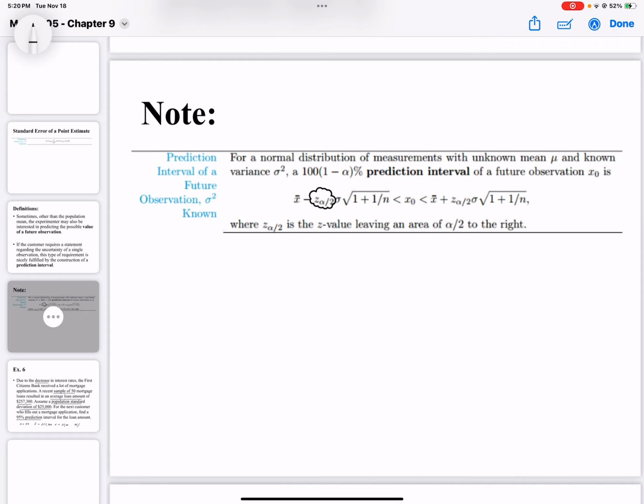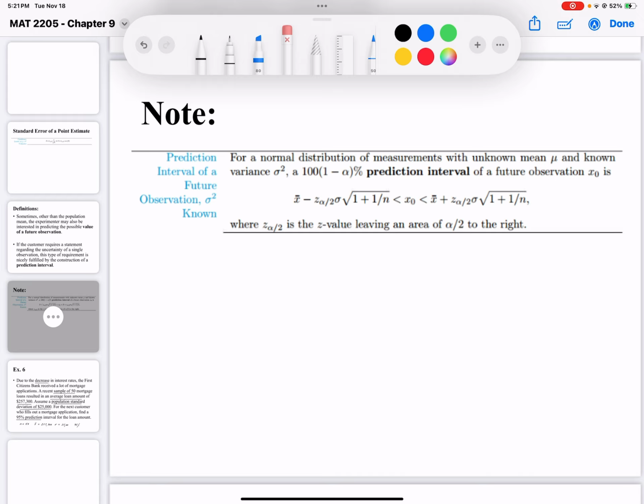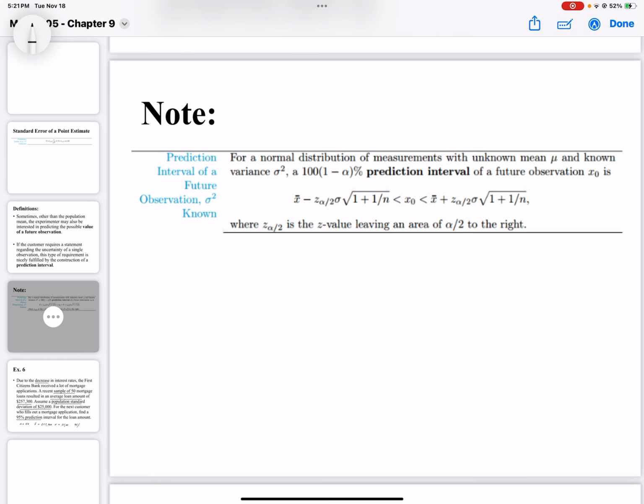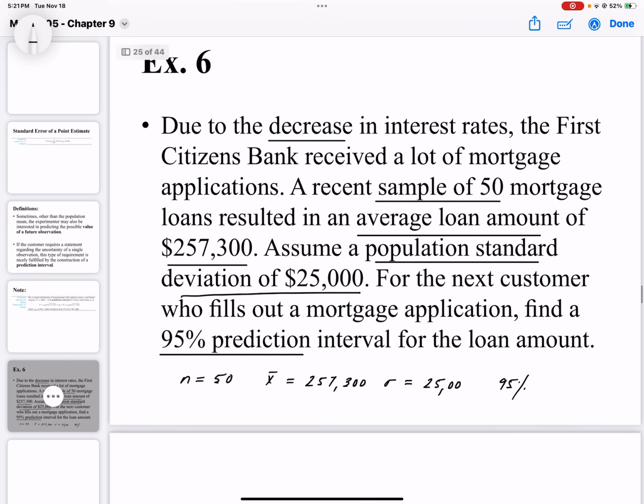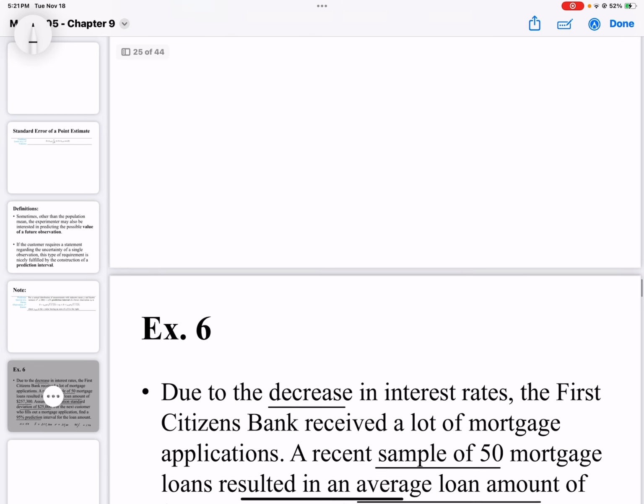Now, if it was T sub alpha, fine. I would need to make some adjustments because, of course, depending on the degrees of freedom, that may be different. But at this stage, with Z sub alpha divided by 2, if you see 95%, you know that that's just 1.96. I don't think we need to go back to finding that on the chart and seeing which is closer. You know what that's going to be, okay?